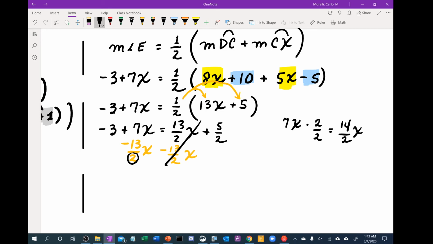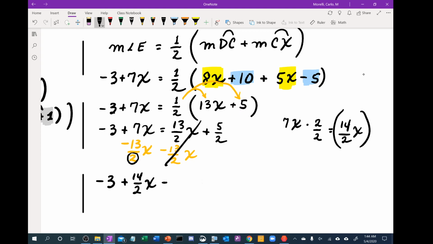So we'll substitute that back in. And now we can combine these like terms right here. Oops, I'm writing this incorrectly. We go back. Well, we have negative 3 plus, and then here's this, we're going to substitute in for 7x, this 14 over 2 x.